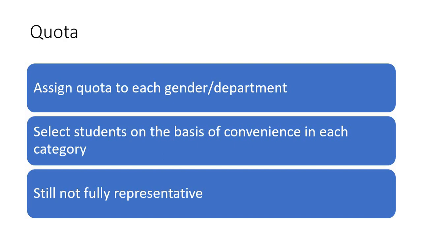So what we do in quota sampling is, we first assign a quota to each category, for example, gender or department, and then select students on the basis of convenience. So we have decided that we are going to include 600 female students. However, we select those 600 female students on the basis of convenience. This, although more representative than simple convenience sampling, is still not fully representative.